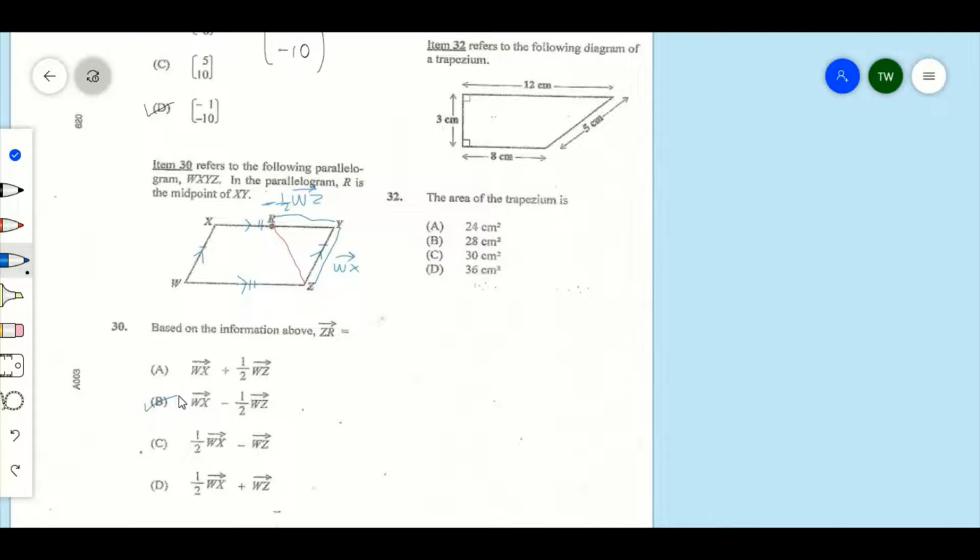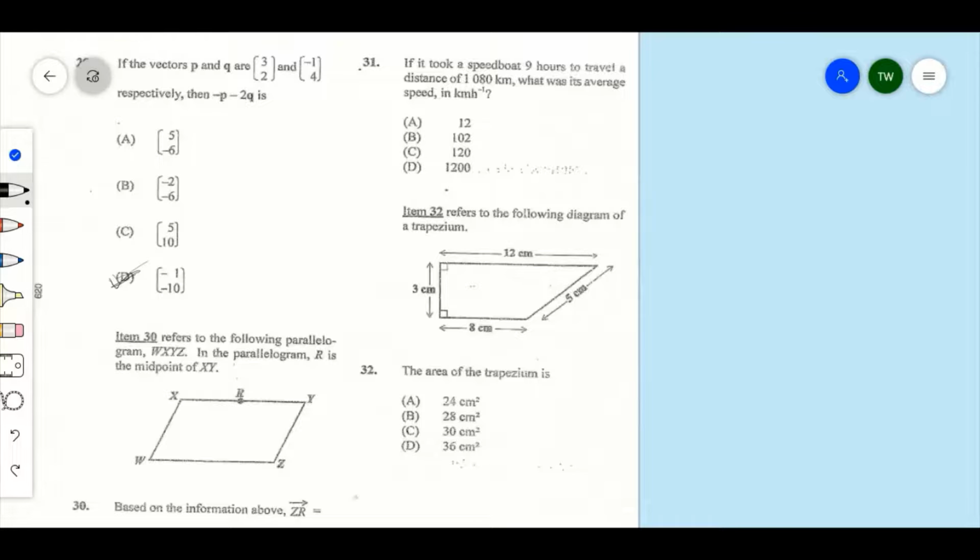All right. It took a speedboat 9 hours to travel a distance of 1,800 kilometers. What was the average speed in kilometers per hour? So now we know that speed is going to equal distance divided by time.